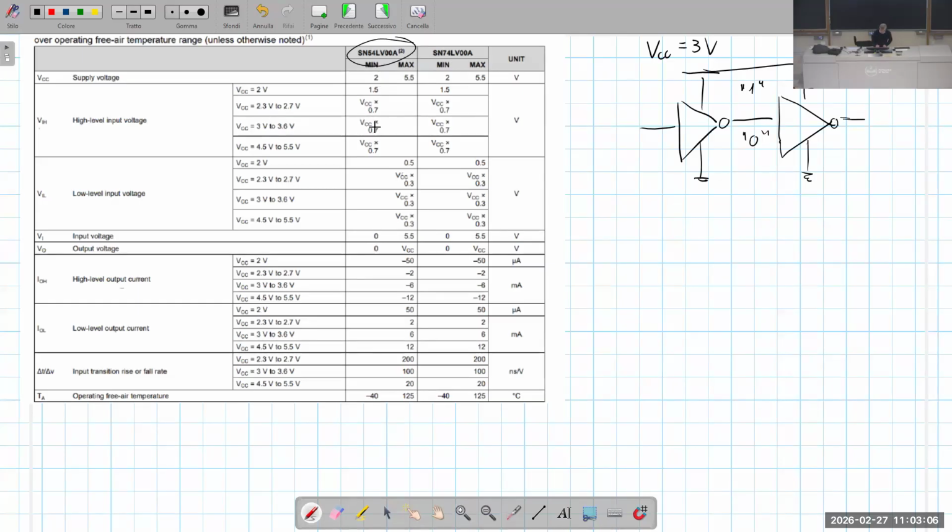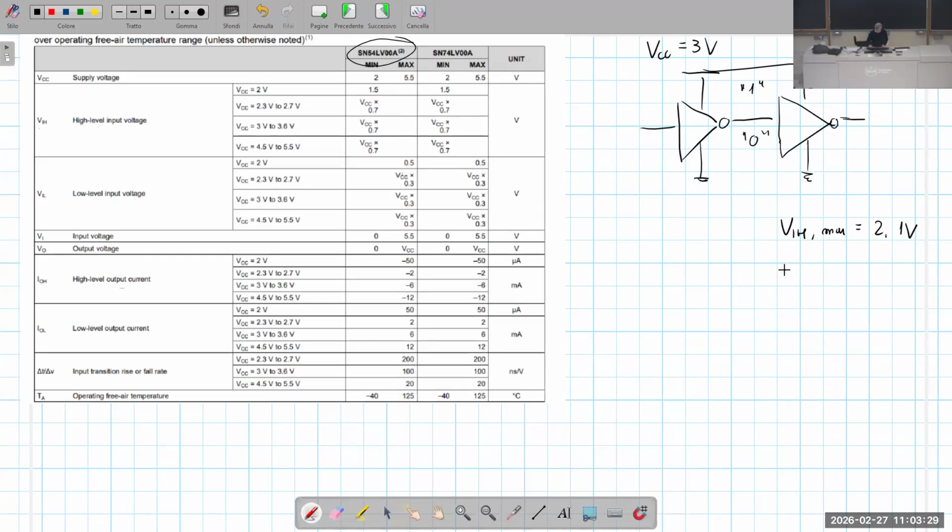We have that VIH minimum is VCC, that is the supply voltage, times 0.7. So we have that VIH minimum is 0.7 times 3 volt, 2.1 volt.